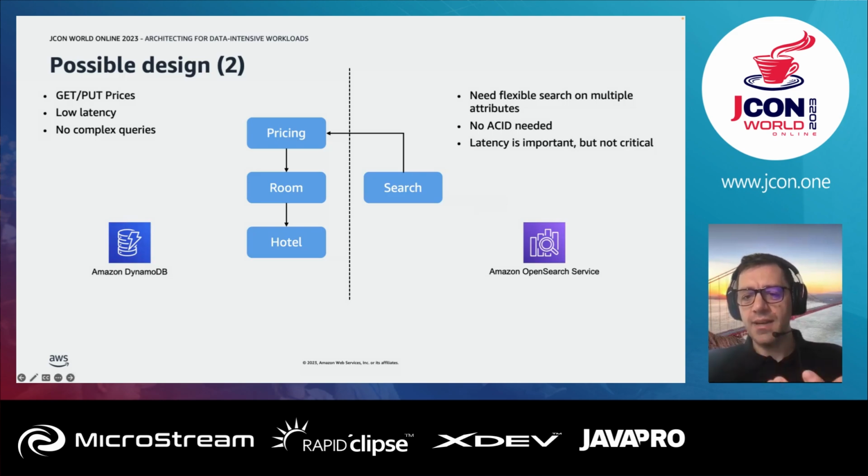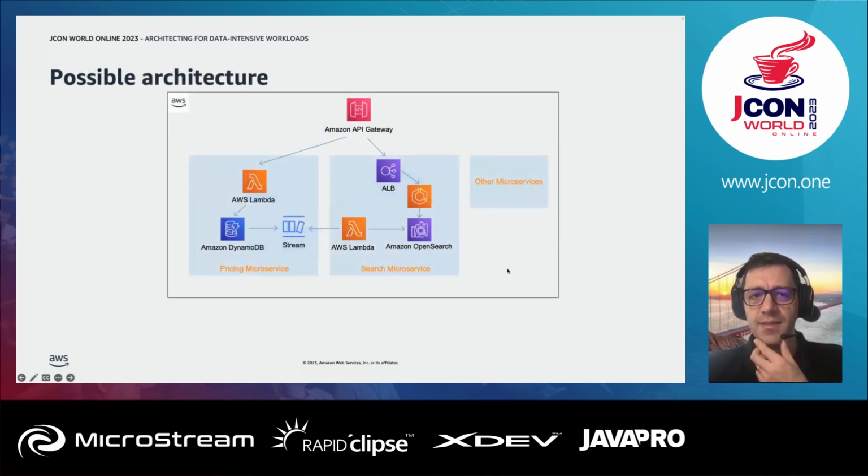So a possible architecture afterwards could look something like this. On the left side, I have my pricing. Over an API, I'm doing those create, read, update, delete operations on prices and rooms. And I stream those changes to the other domain, maybe asynchronously, over a stream with Lambda, into an OpenSearch index.